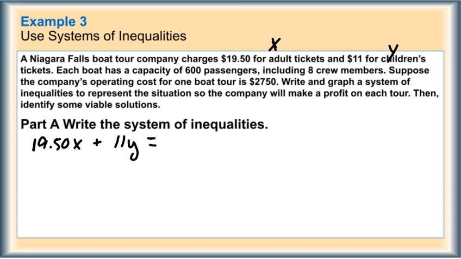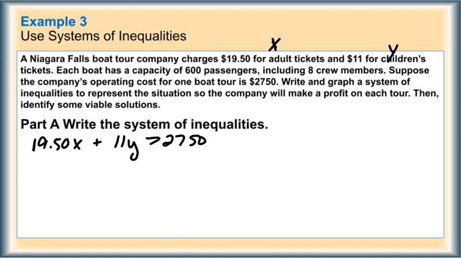So you can't go more than $2,750. So this one has to be more than that. So at least $2,750. So that would be greater than or equal to $2,750.